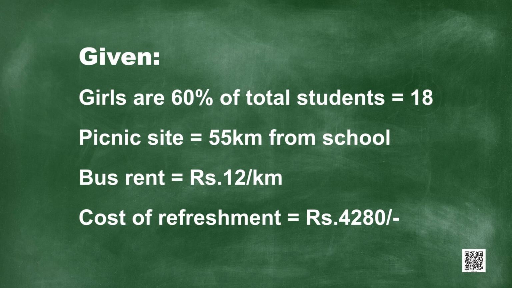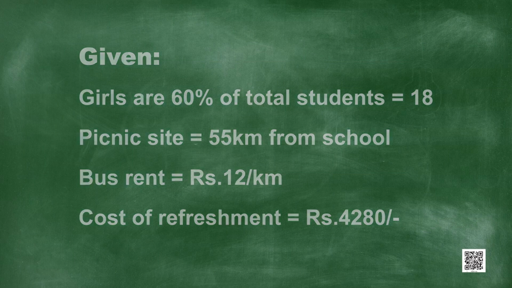So, 60% of total students is equal to 18. It is also mentioned that the picnic site is 55 kilometers away from the school. Another piece of information given is that bus rent is charged at rupees 12 per kilometer. And finally, the cost of refreshment is rupees 4,280.